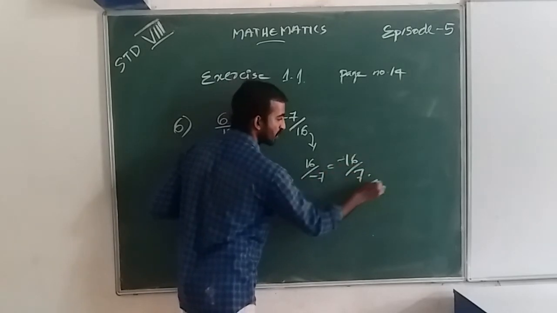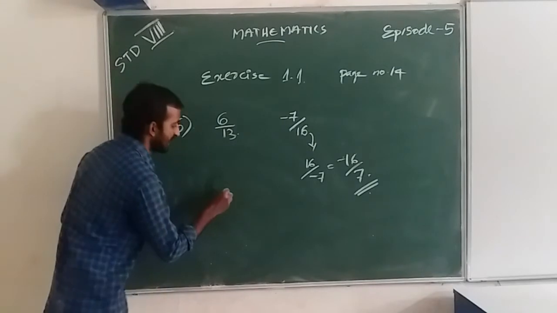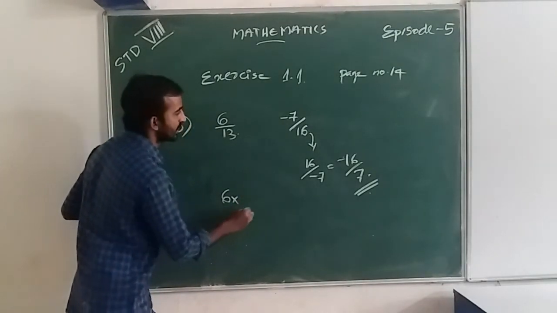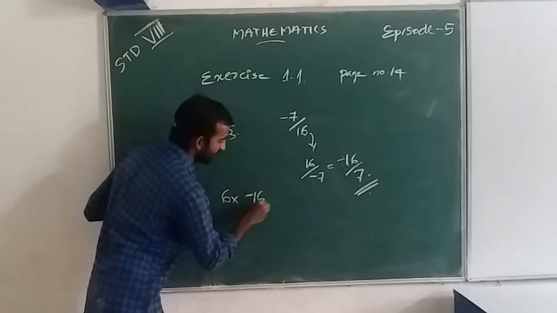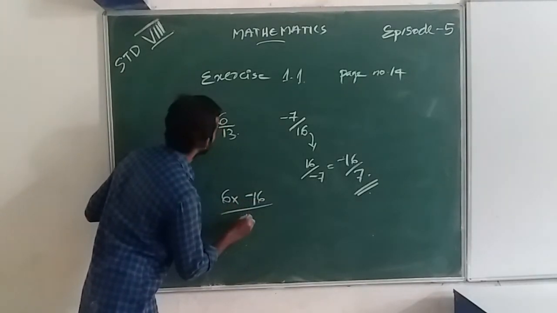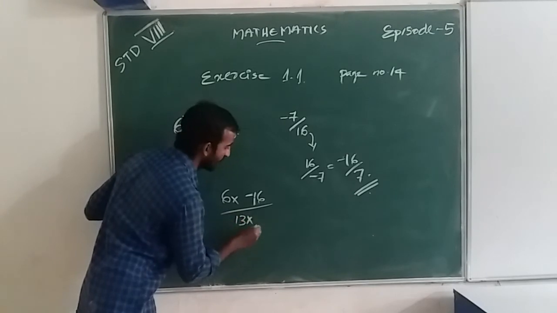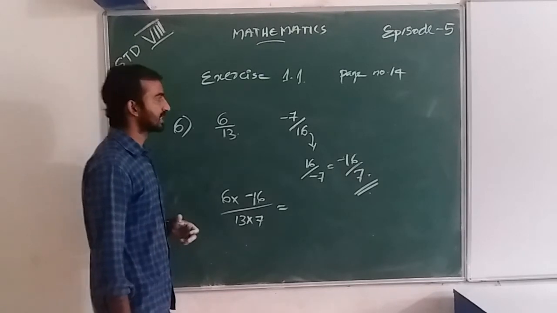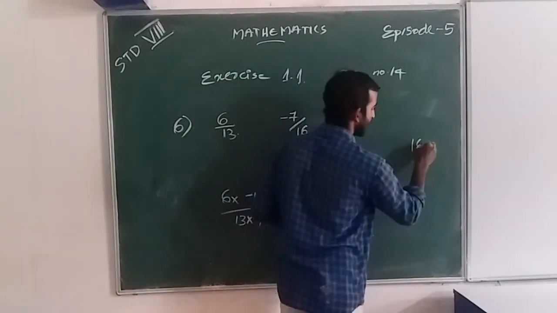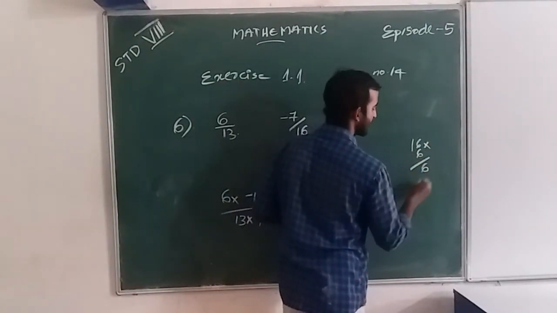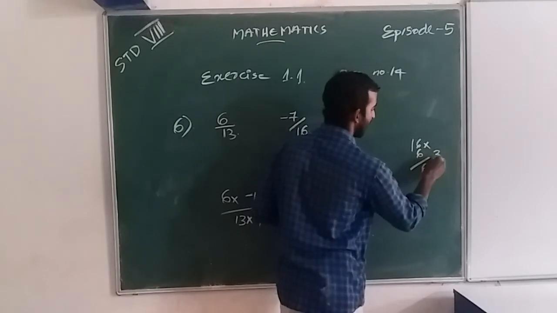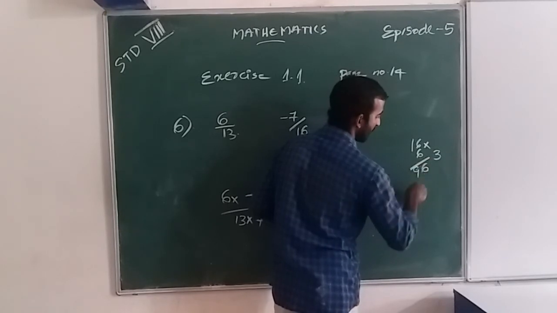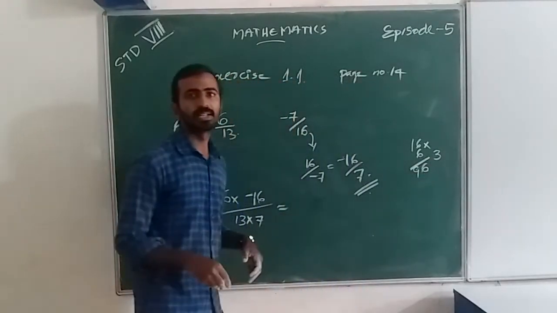We can also write that as 6 into negative 16 by 13 into 7. What do we get? 16 into 6: 6 carry over is 3, and 1, 2, 6, and 96 is 96.